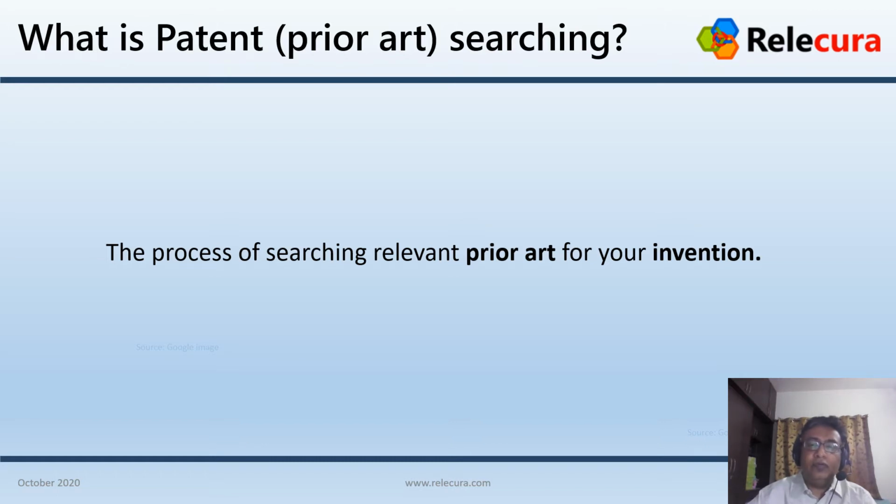So we will go back in date and search for similar kinds of inventions in the form of patents and non-patent literature, and if we don't find anything close to the invention that we have thought about, we can say that our invention is novel.